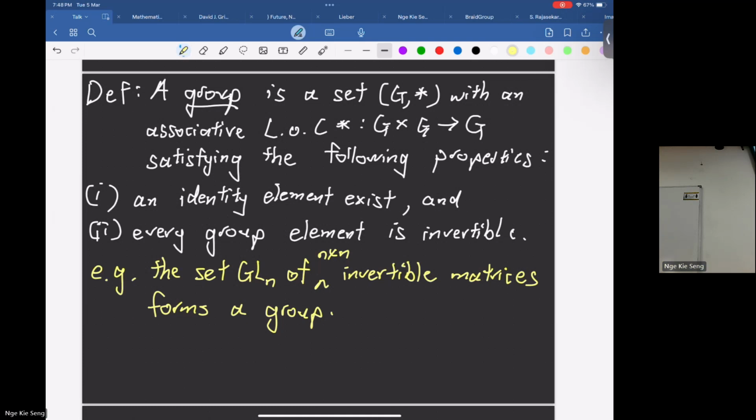Determinant? Not quite right. What's the process? Yes, cofactor is mentioned, right? You use the cofactor to find the inverse. The identity is just the identity matrix. That's why it is called the identity matrix.